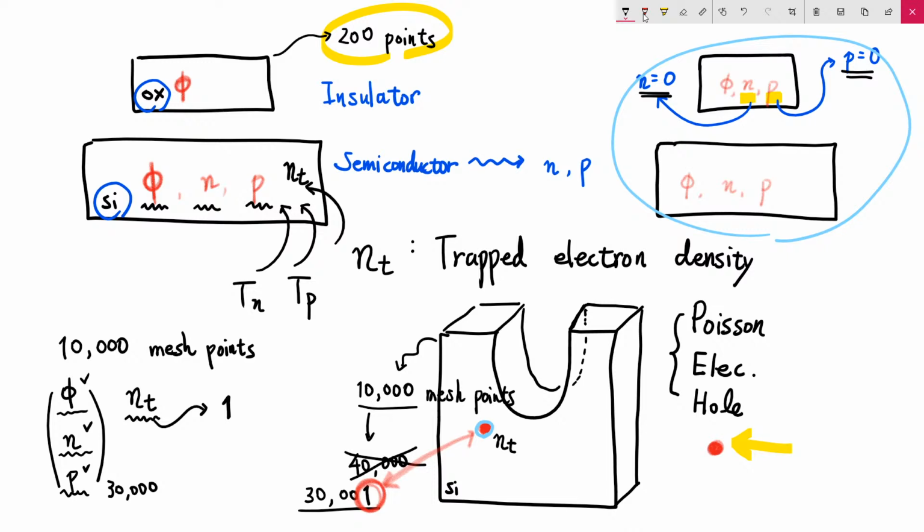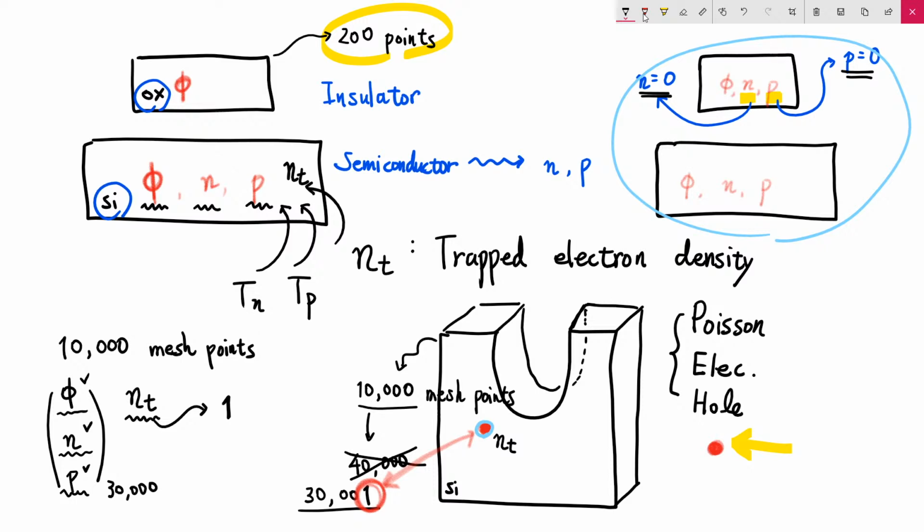That's the reason why, instead of 40,000, I told you that 30,001 unknown variables can be introduced by adopting this philosophy. So we have further developed the philosophy.